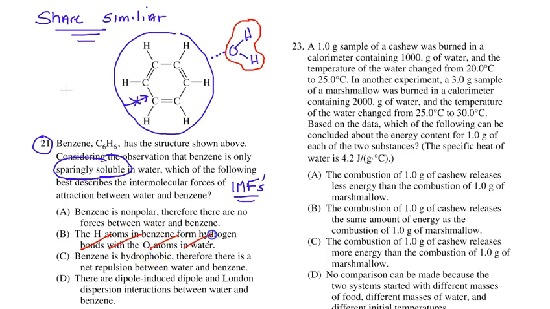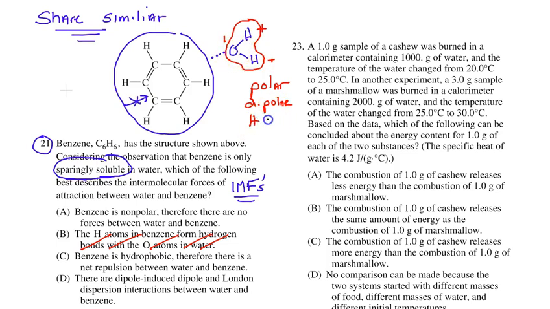Okay, so now what does this mean? Well, think about the intermolecular forces of attraction that must be similar. Water we know is polar. We know it has dipole forces, okay? So because of its polarity, it's got a negative end and a positive end. We know it also has hydrogen bonding because we have that electron deficient H out there with the O and an F, okay?